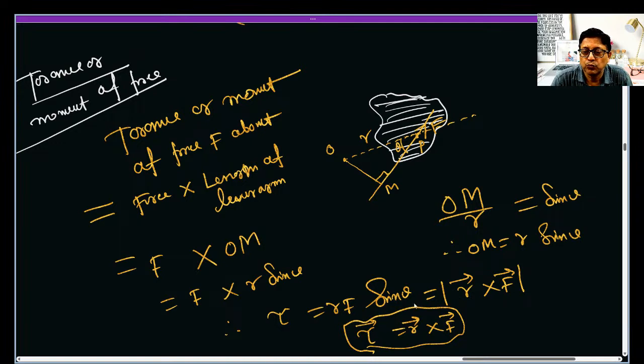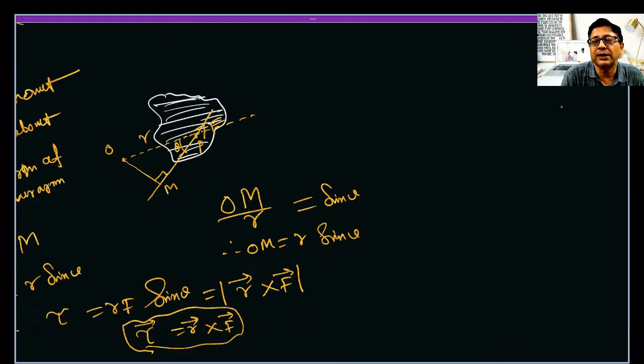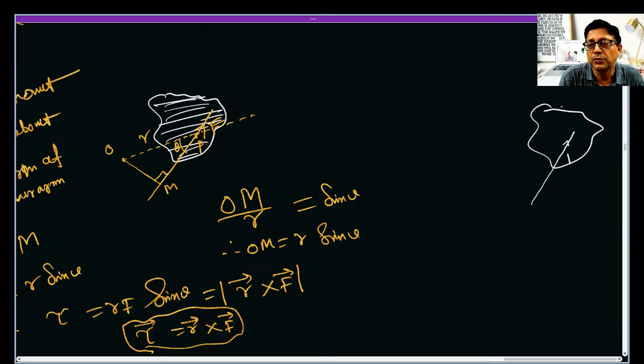Now, just think in a different manner. When you have applied a force here, consider the rigid body taken here. I am just drawing the boundary here. This force is F, this is the point O, and the angle you have taken is theta.